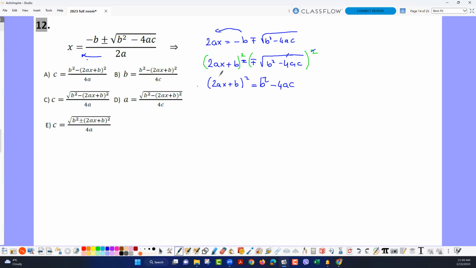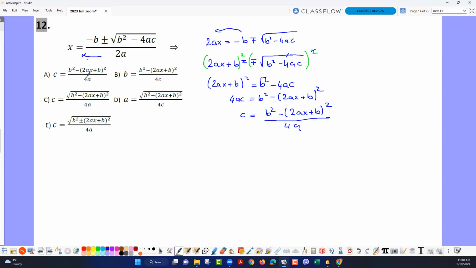I will keep minus 4ac on this side, because plus 4ac is better for me. So it's going to be 4ac equal to b squared minus 2ax plus b squared, and I'm going to leave the c alone. C is equal to b squared minus 2ax plus b squared over 4a. So this is the formula for C.